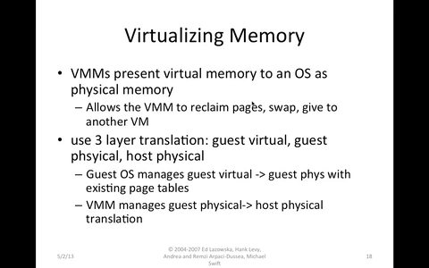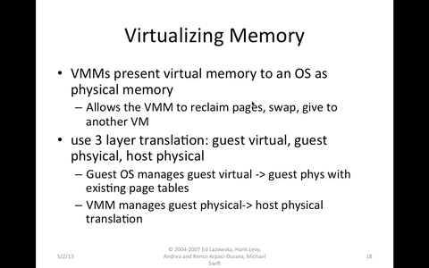The second problem is, what if when you're trying to translate, this is the guest operating system's page table. Suppose that the guest physical address for this page table is not in the TLB, right? So if we can't find the guest physical address for this page table in the TLB, we're now going to have to walk the VMM's page table to put this into the TLB.